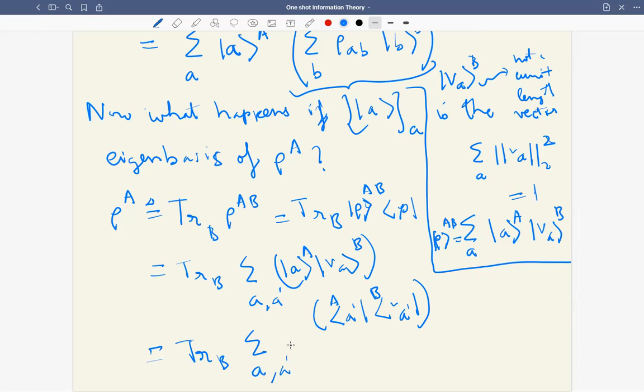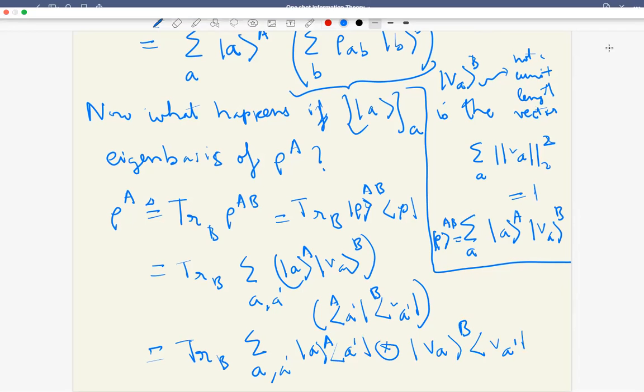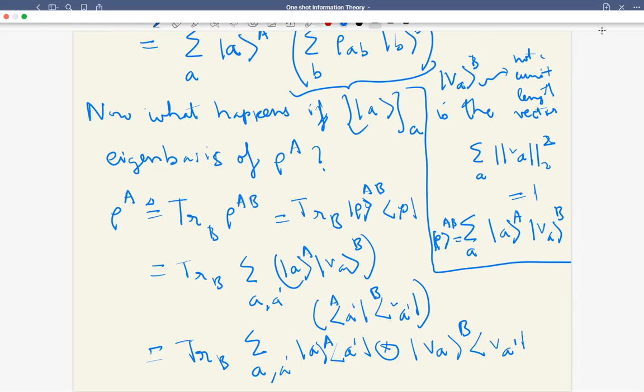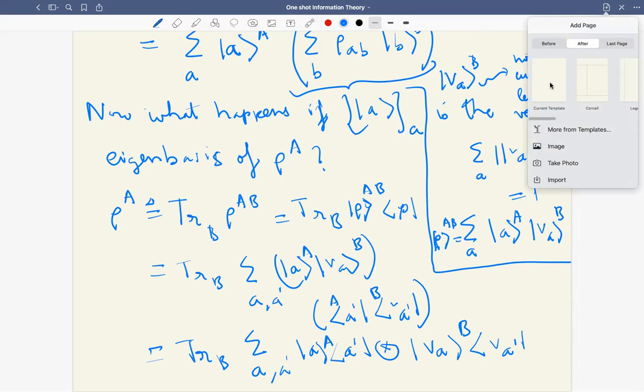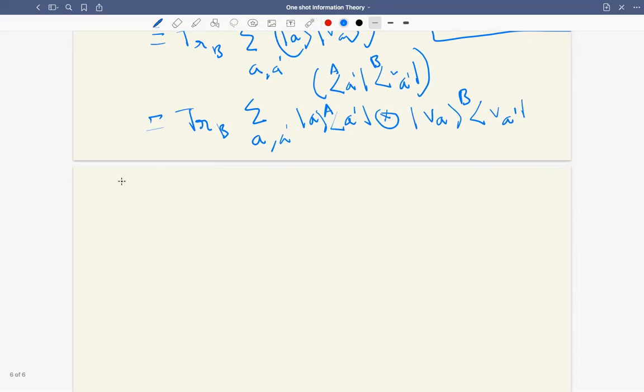Summation over A prime, ket A on A, and this is tensor product, ket V A, bra V A prime. Okay. Now so far so good.